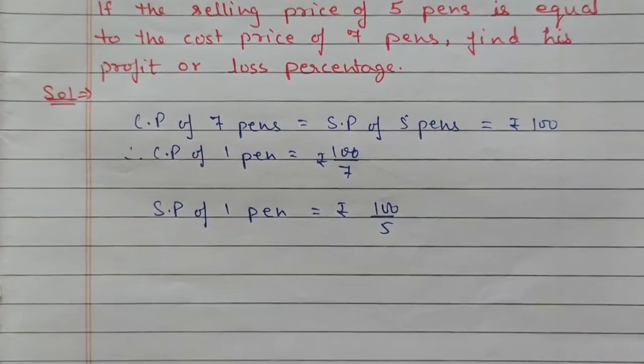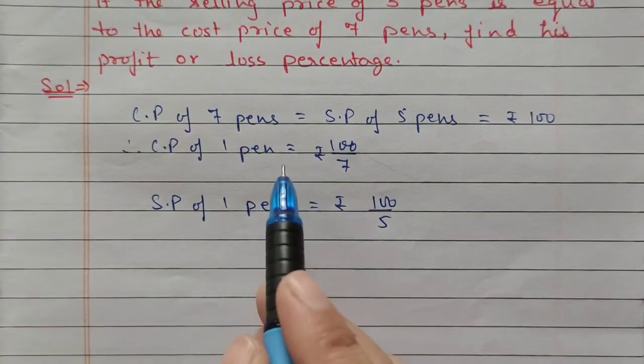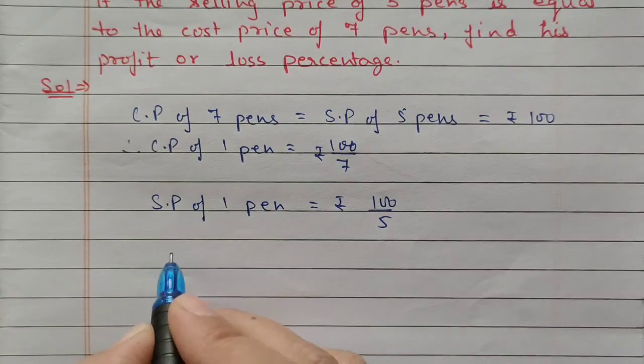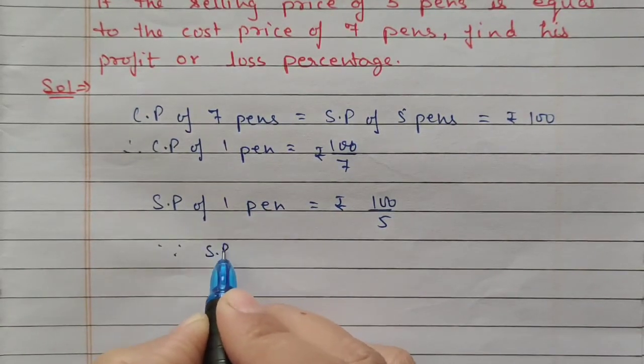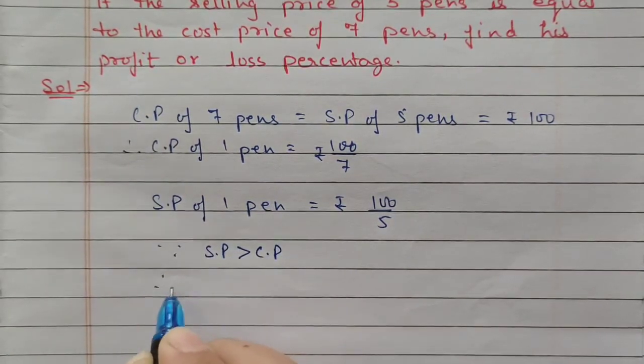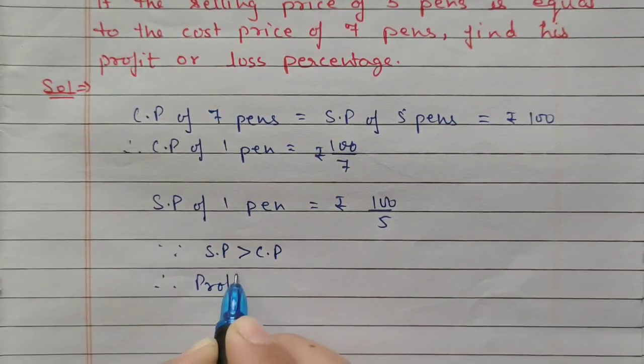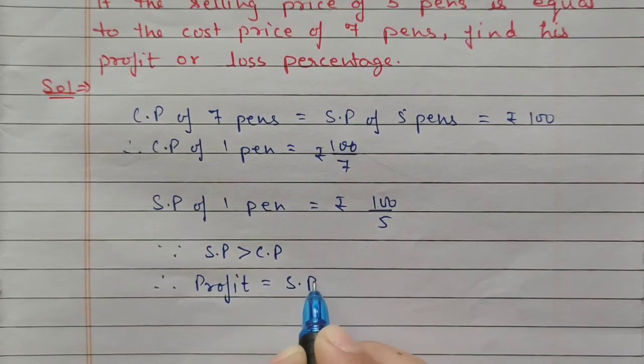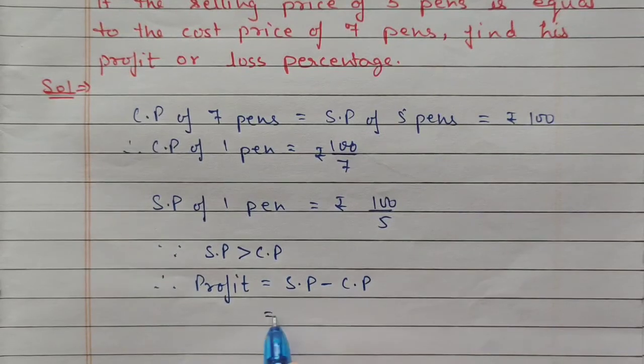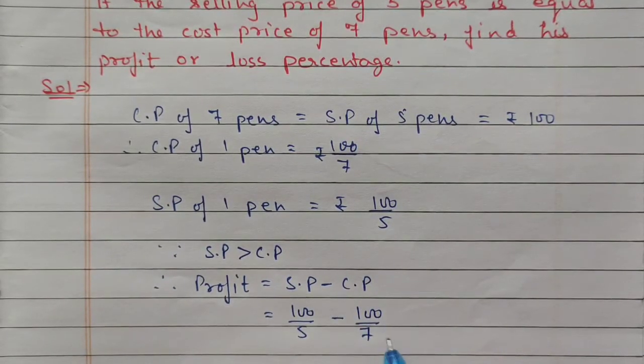Now because selling price is more than cost price, it means he is having profit, and profit is equal to selling price minus cost price. So selling price is 100 by 5 and cost price is 100 by 7.